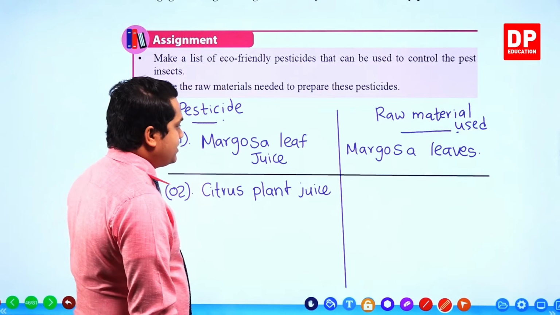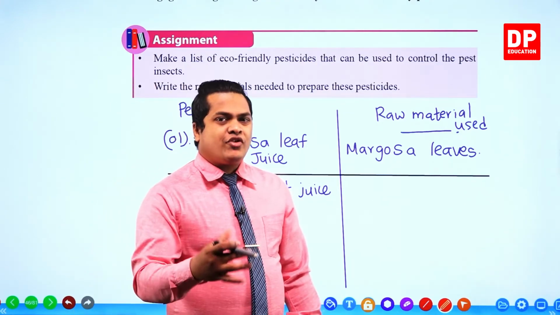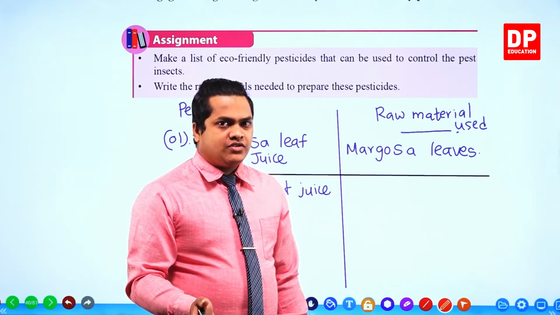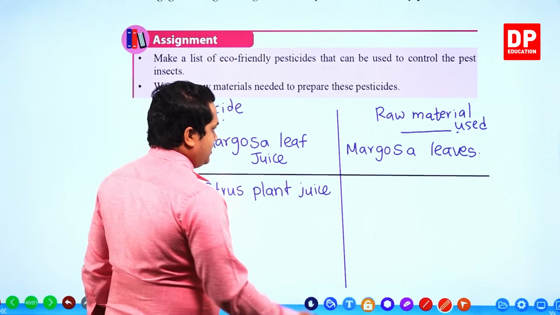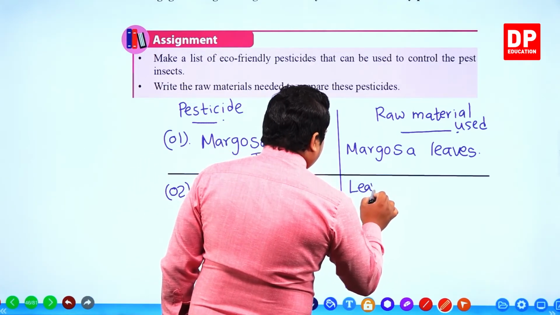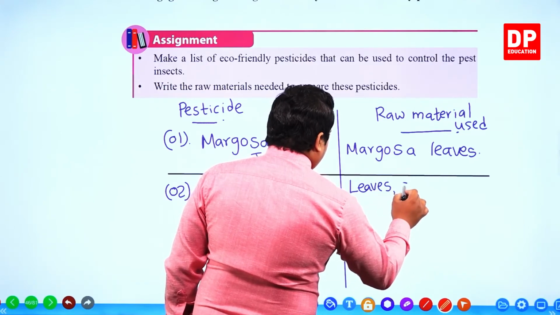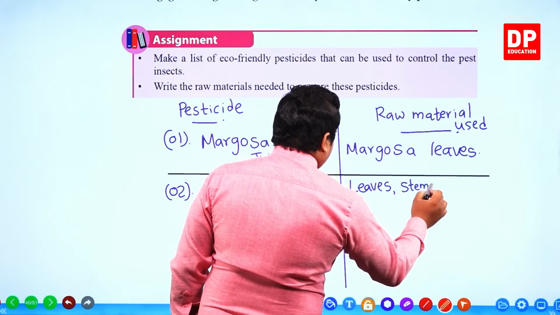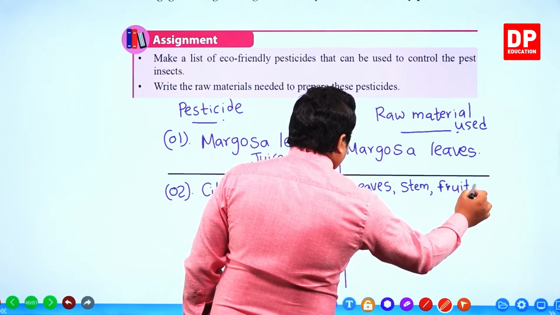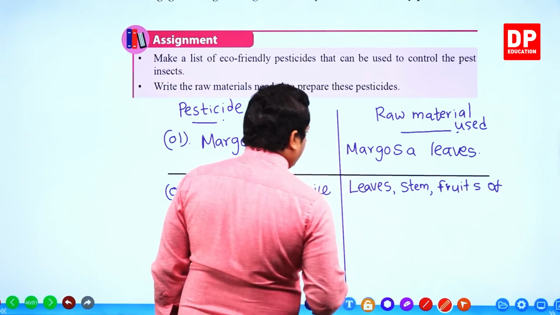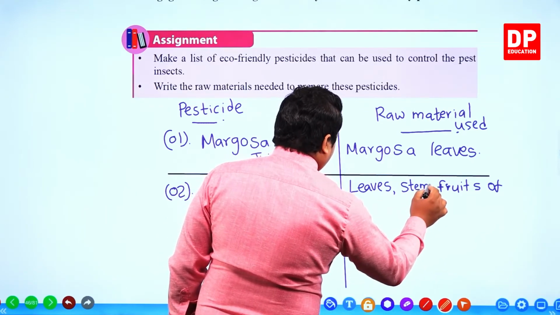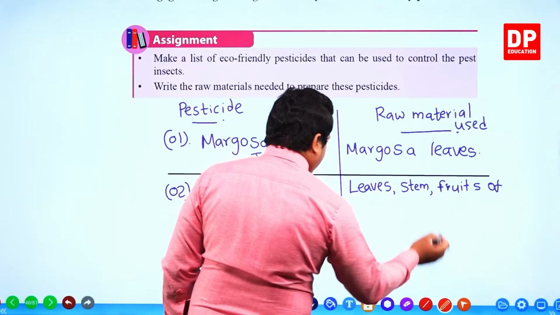So citrus plants are the ones, you know, citronella plants like lime, lemon, orange, those things. So what are the raw materials? Leaves, stem, fruits of citrus plants. So I'll mention here as leaves.